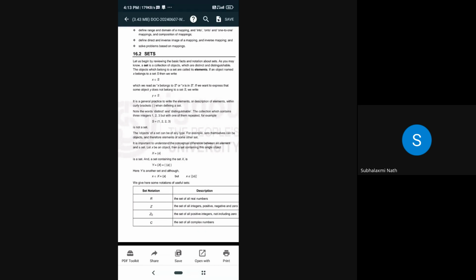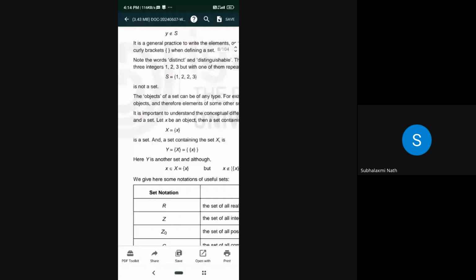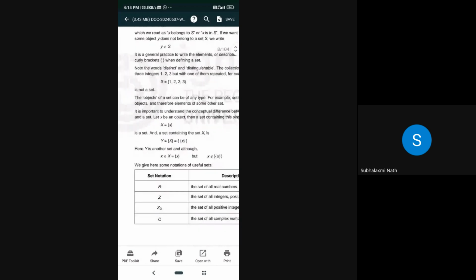And the set containing the set capital X is Y equals curly bracket capital X, and capital X can be curly bracket small x. So it is shown on the screen. Now Y is another set, and although x belongs to capital X, which can be written as curly bracket small x, x does not belong to double curly bracket small x.